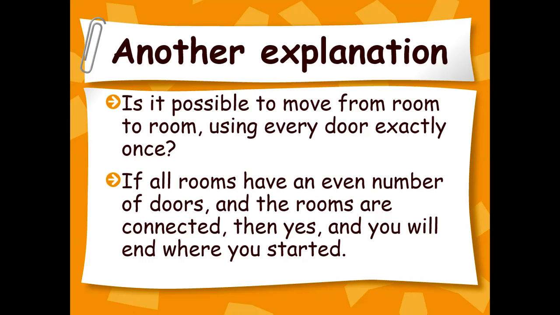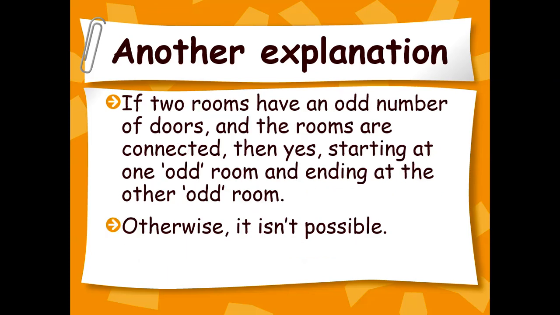But if a room only has one door, like my bedroom, then it's not possible. I would have to enter the room and leave the room through that same door. It's only one path to get into that room. So that's just another way to think about it.